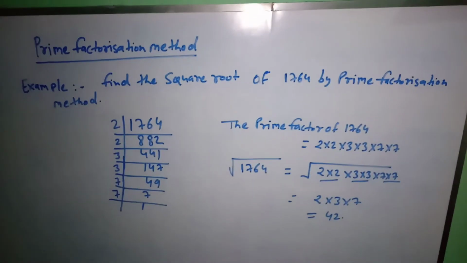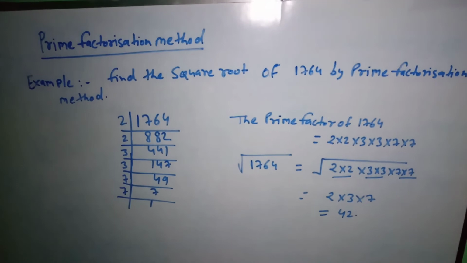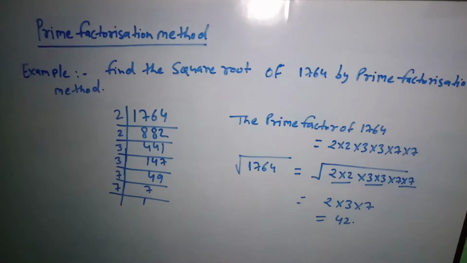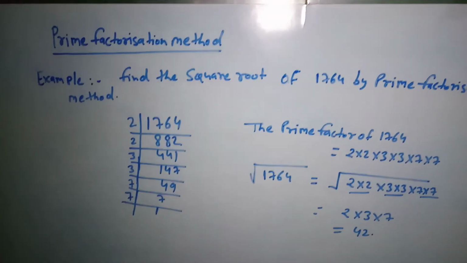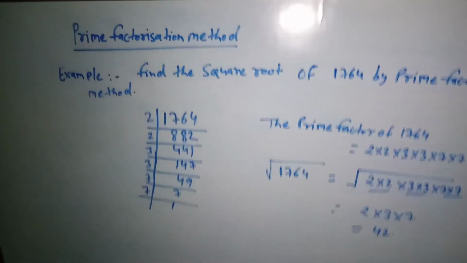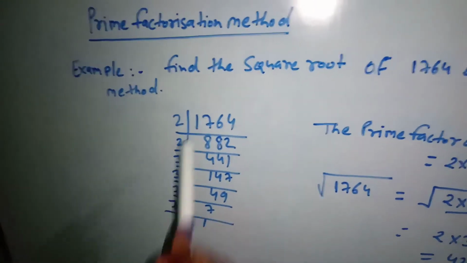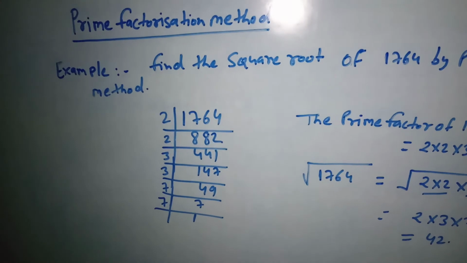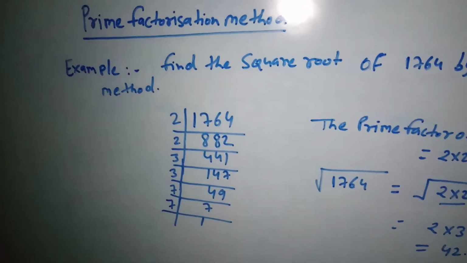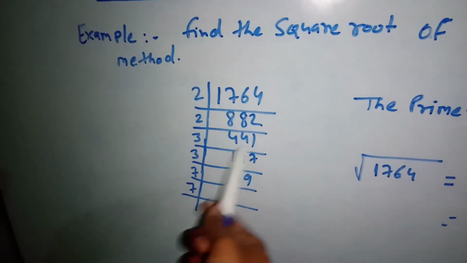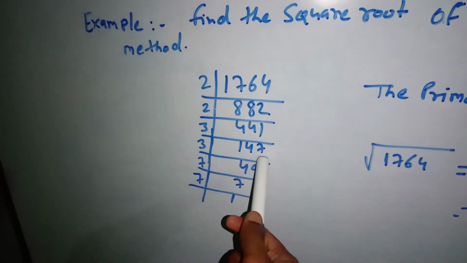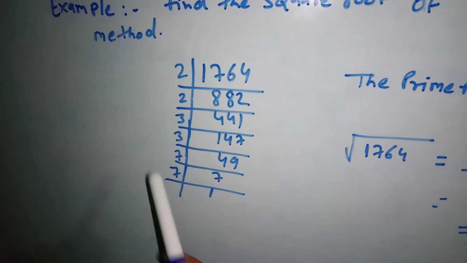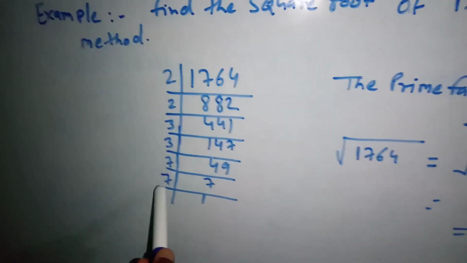First of all, we split the given number into prime factors, dividing only by prime numbers. First we take 2, then it is 882. Again we divide by 2, then it is 441. Then 3, it is 147. Next 49, and after that we take the prime number 7 and 7.